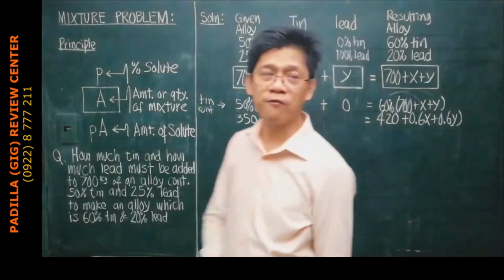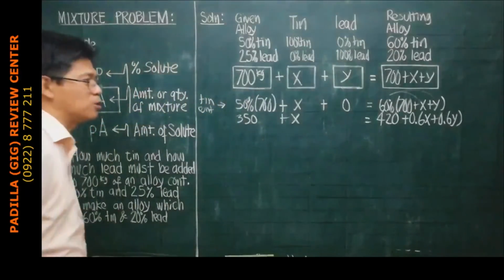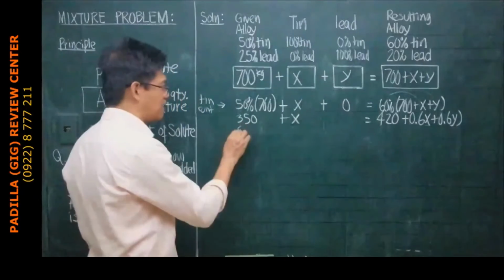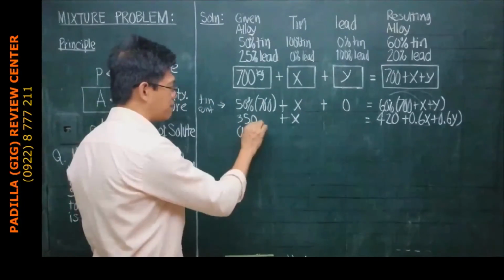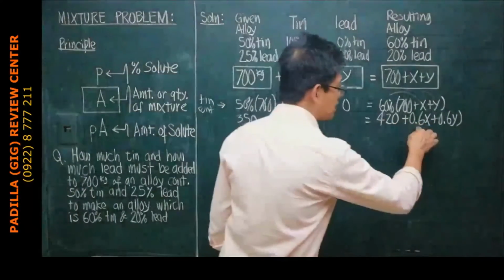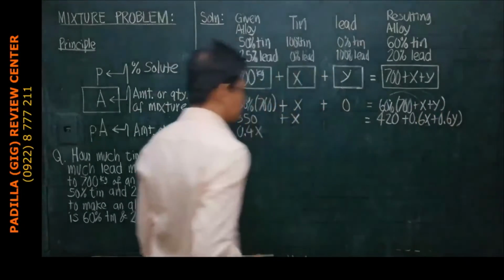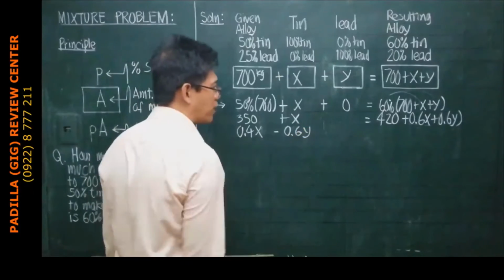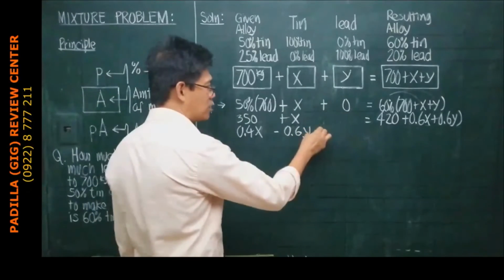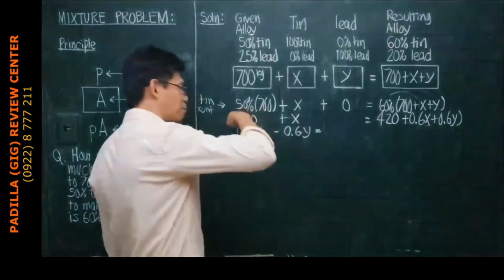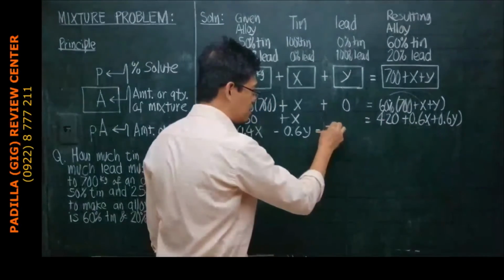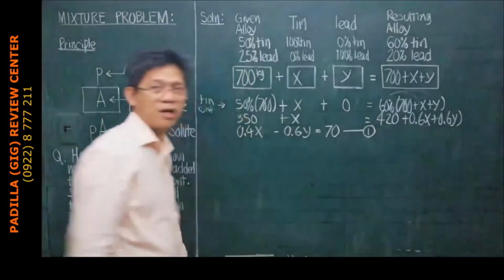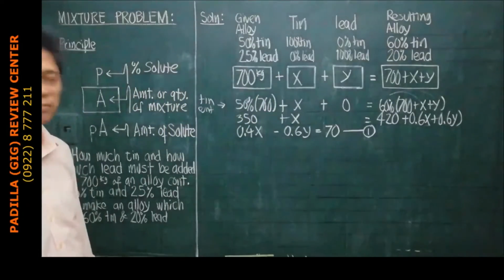We transpose every variable to the left: x minus 0.6x, this would be 0.4 of x, and 0 minus 0.6 of y, is equal to 420 minus 350. This is 70. Let me call this equation number 1.